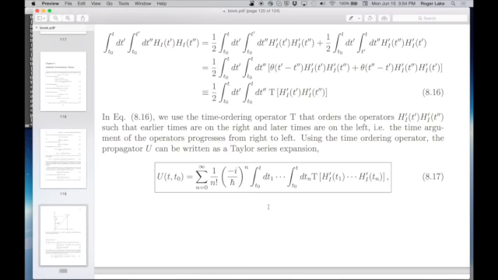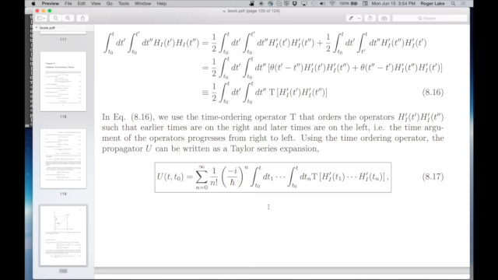So it's this infinite sum. It looks just like a power series expansion, where you are integrating this time-ordered product of our H primes of t. So this is the Taylor series expansion we were looking for. And of course, this is just a Taylor series expansion of an exponential.